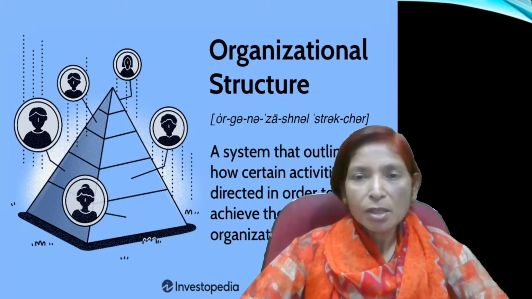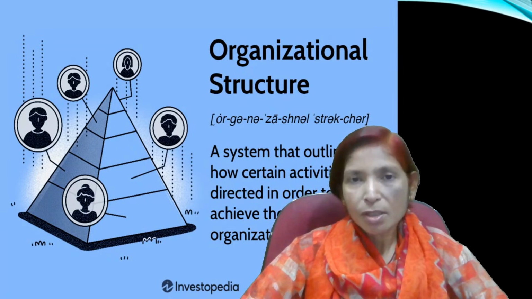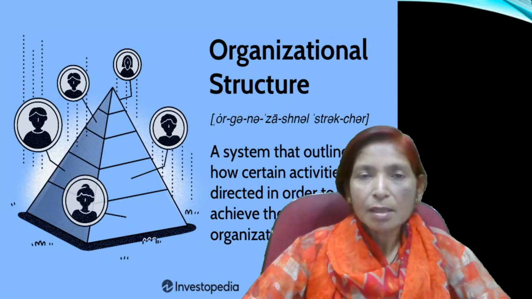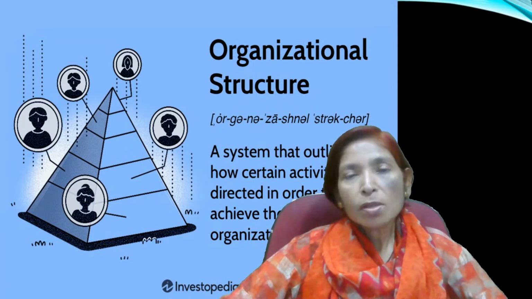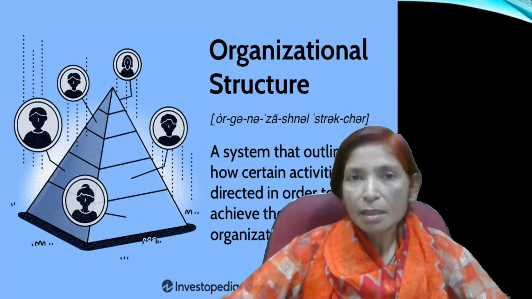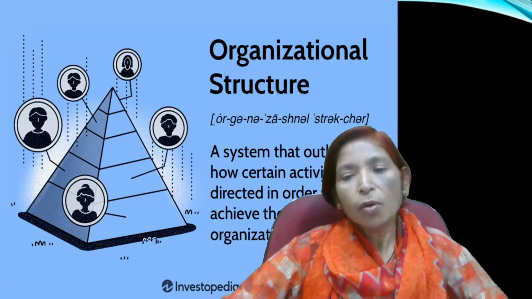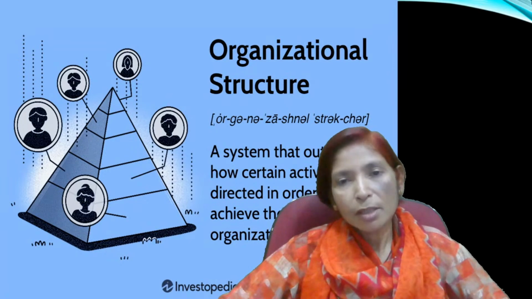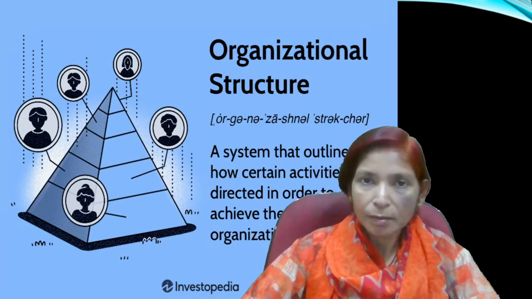Business organizations have different types of structure. So, organizational structure is a system which outlines how certain business activities are directed in order to achieve the goal of an institution or an organization. This is known as organizational structure.